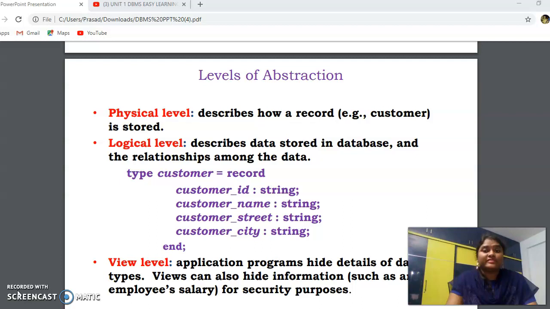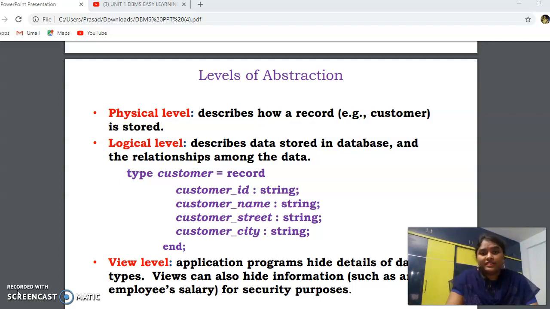Coming to levels of abstraction. What is the meaning of abstraction? Yes, abstraction is hiding of data. What is needed to hide the data? You know, a database contains a large amount of data. So always this database maintains some levels to reach the user.